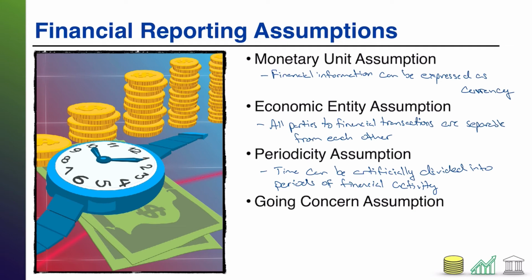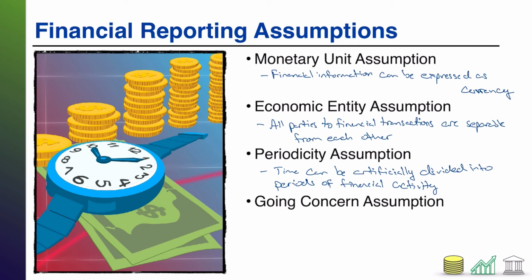We assume time can be broken into artificial periods, and we have a start and a stop to each of these periods. It might be a quarter, it might be a year, it might be even as little as, say, a month if you're doing some sort of internal reporting. And you artificially divide time into these periods, and then you record and report on the financial activity within each given period. All right, that's periodicity assumption.